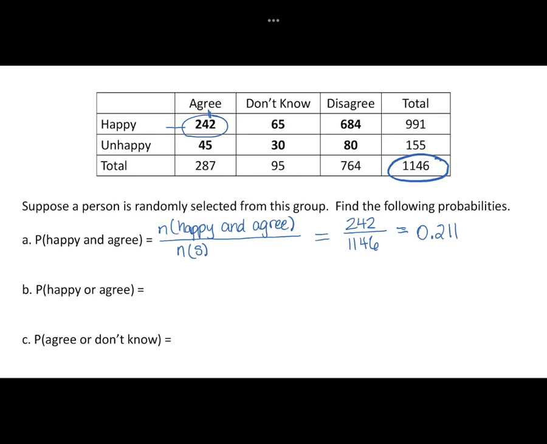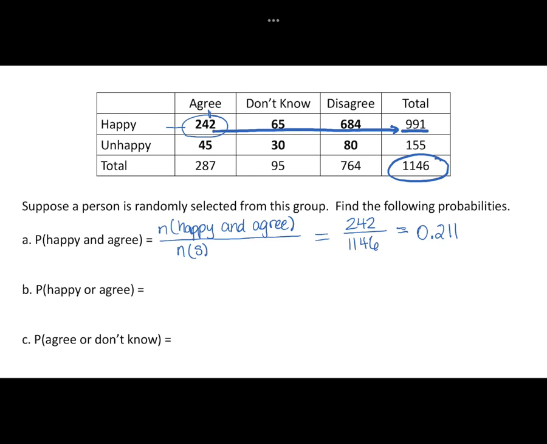What's the probability that the person chosen is happy or agrees? Now this is a little trickier. So I want to know how many people are happy or agree. Well, I know here, if I scroll to the right, that the total number of people that were happy was 991.